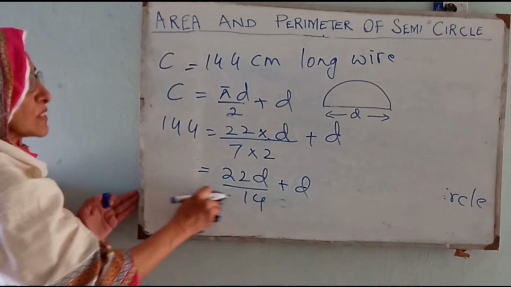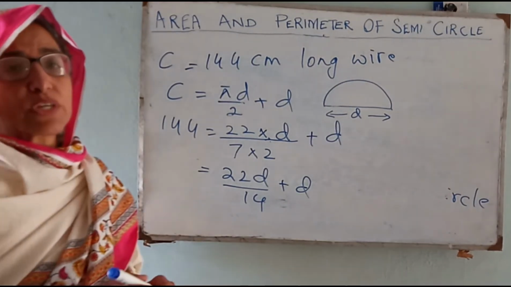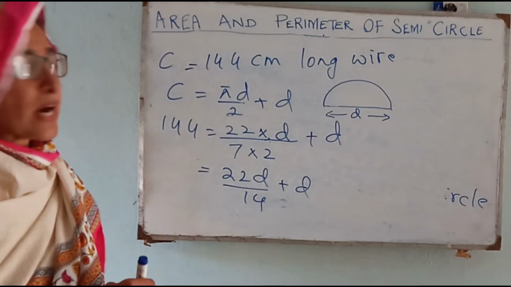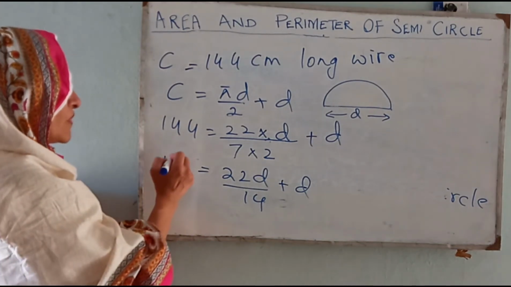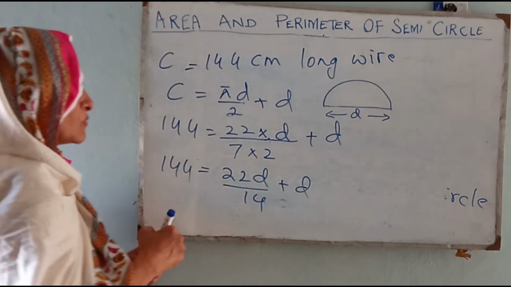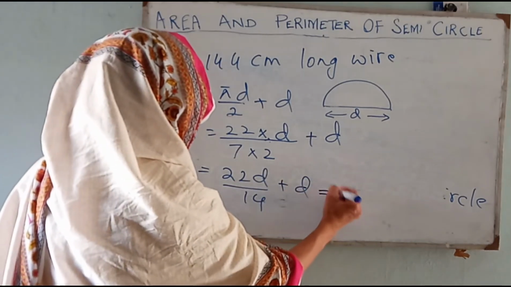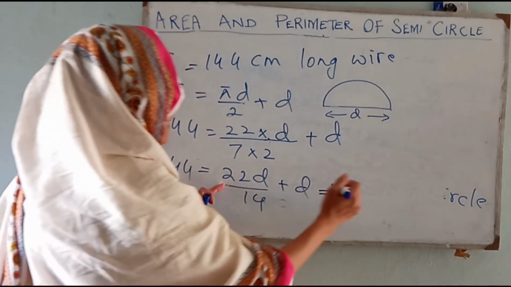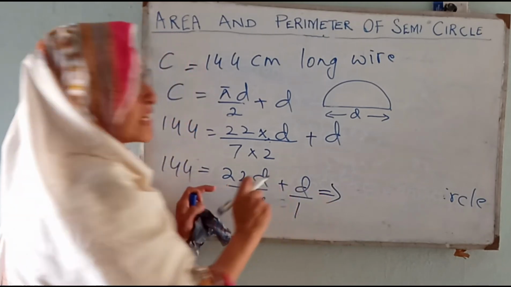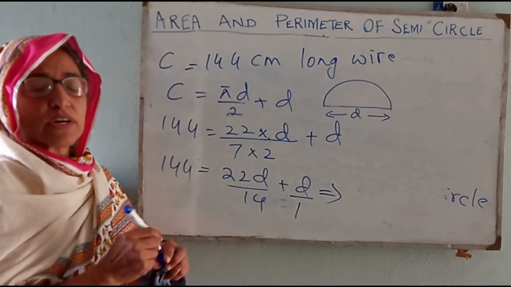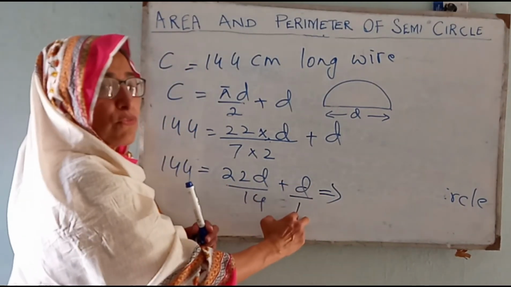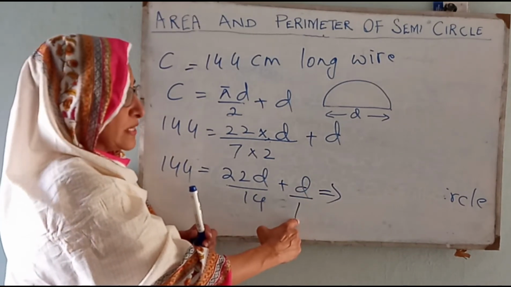Now how to add or subtract the fractions? We have to take the LCM to add or subtract the fractions. So when I take the LCM for this side, every whole number, to form a whole number into a fraction, we have to put 1 in the denominator.